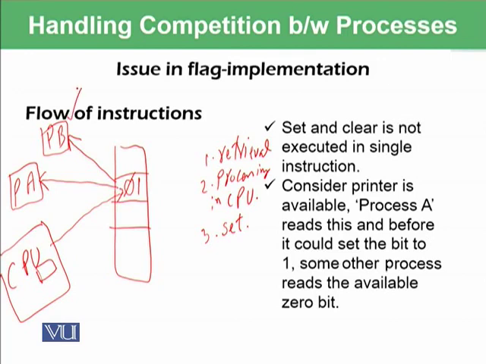So this set and clear instruction has 3 sub-instructions, which means that if after the execution of the first instruction any other process reads this bit from main memory, that would be misguided. So this printer will be allocated to process A and process B because both read it as 0.